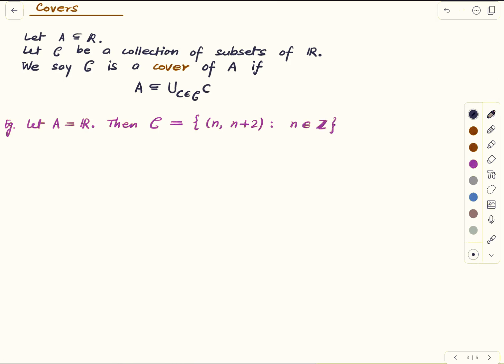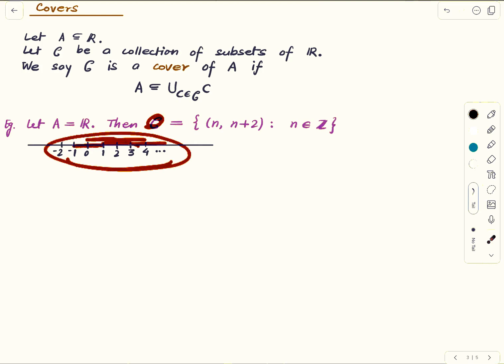In pictures, this is the set of real numbers, this is 0, 1, and I'm marking all the integers. The elements of script C are this open interval, that open interval, that open interval, and so on. And clearly you can see from the picture that fancy C covers the entire set of real numbers, because the union of all of these things is the entire set of real numbers.